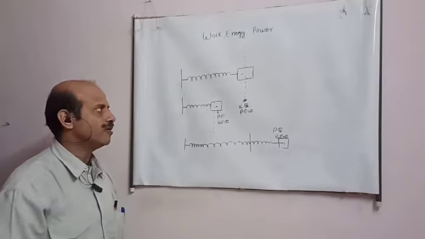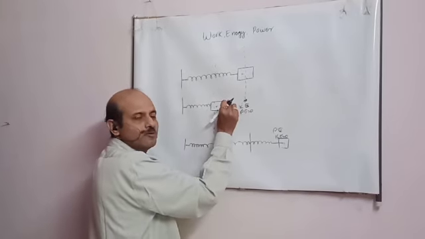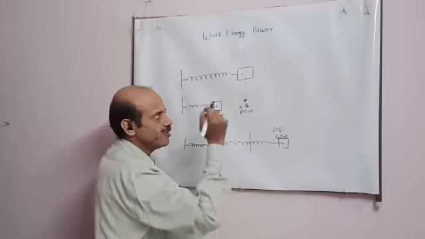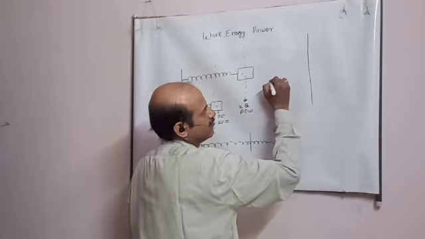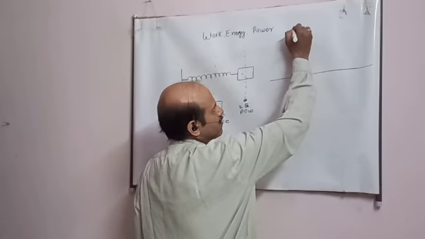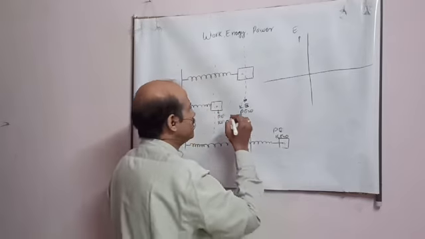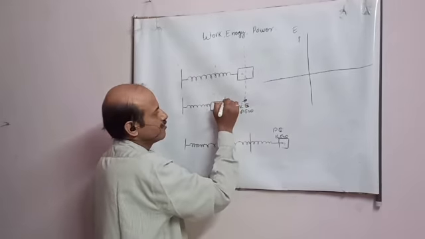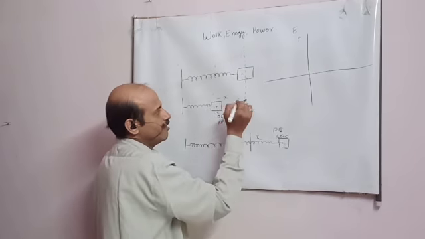So can you see, student, how the energy oscillates? And in between it possesses both kinetic and potential energy. So if I show it by a graph, student, see. This is energy. This is distance, say it is x. This is minus x, student, okay?